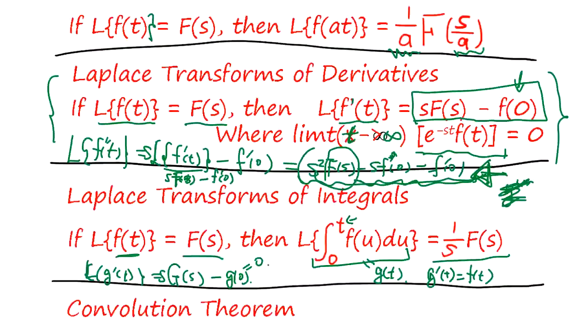And this one is F(s), so F(s) is sG(s), so G(s) is 1 over s F(s). Okay, so the integral can also be transformed, and the initial condition for this is given here, 0 to t.